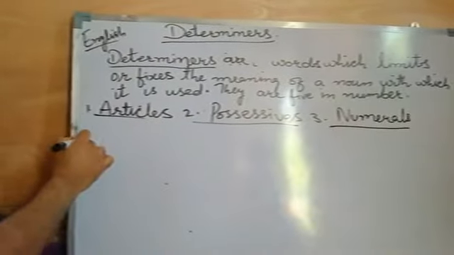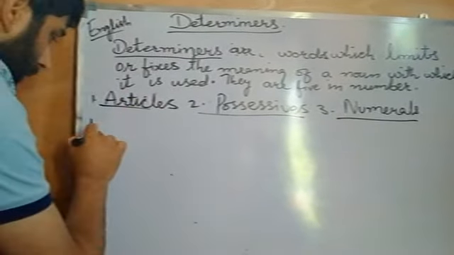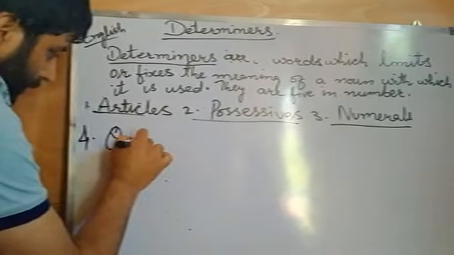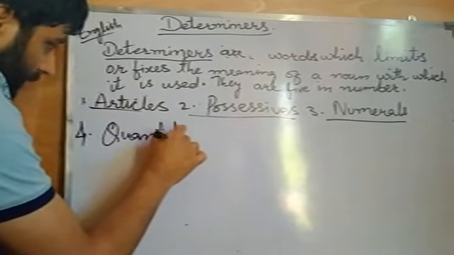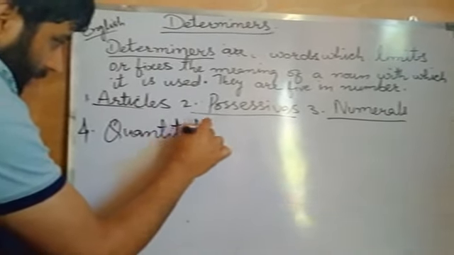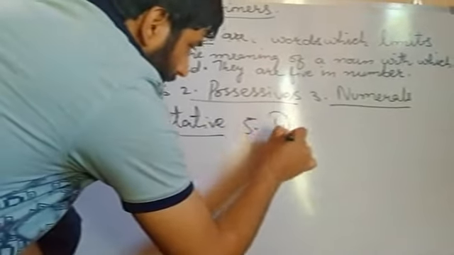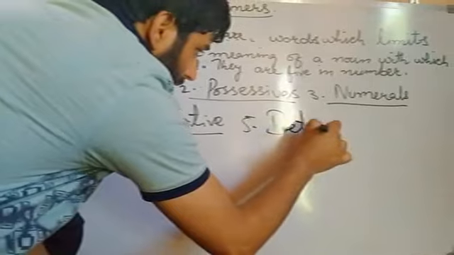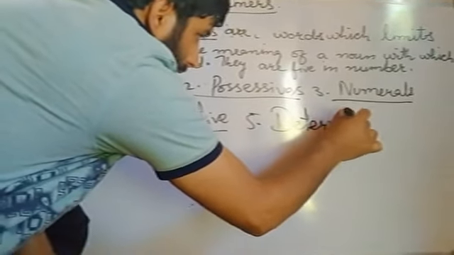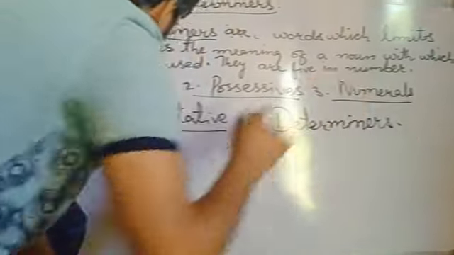Number four, quantitative. And number five, demonstratives.